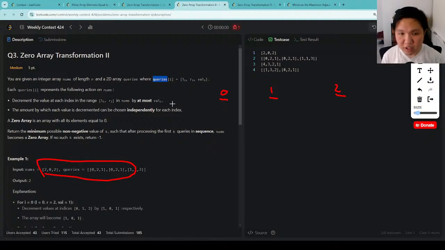You also keep track of the index. So for instance, I can see at 0, this 0, 1, 2, right? So 0, 2, 1 means, and this is Q0. So Q1 is 0, 2, 1. Q2 is 1, 1, 3. Just to make sure, yeah.